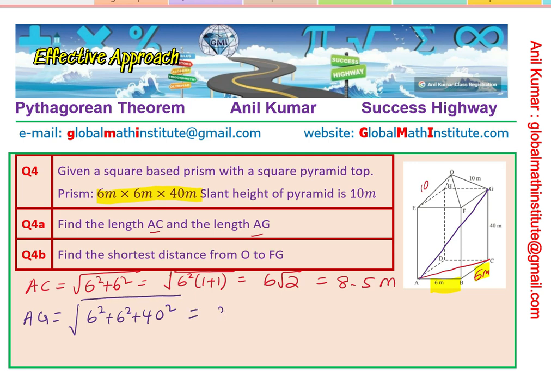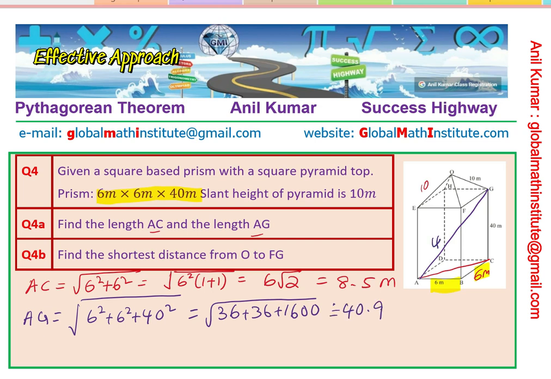So that gives you 36 plus 36 plus 1600, square root. And that gives you 1672, and the square root of our answer in decimals is approximately 40.9.